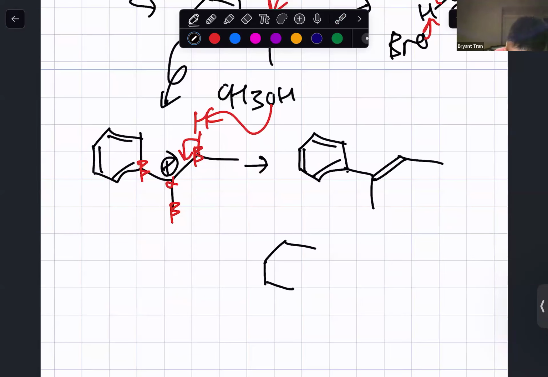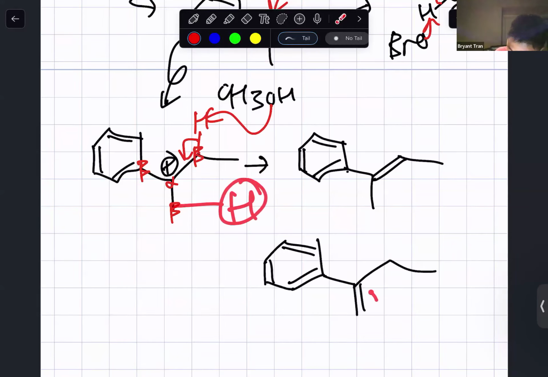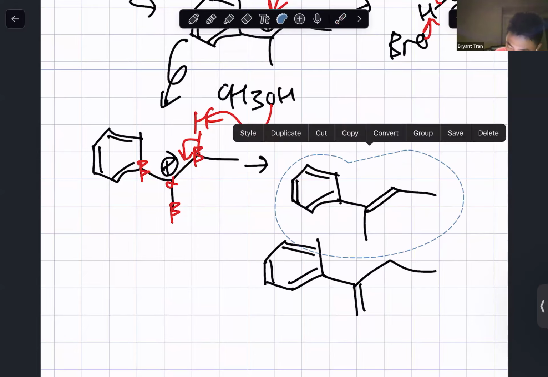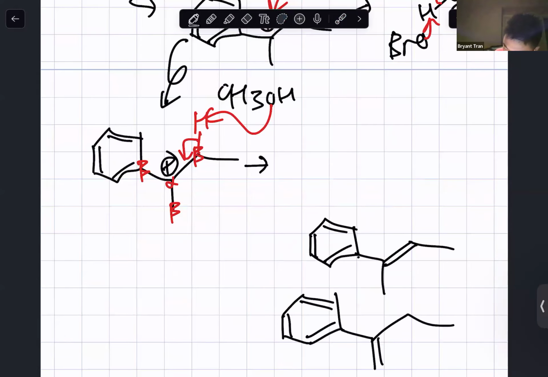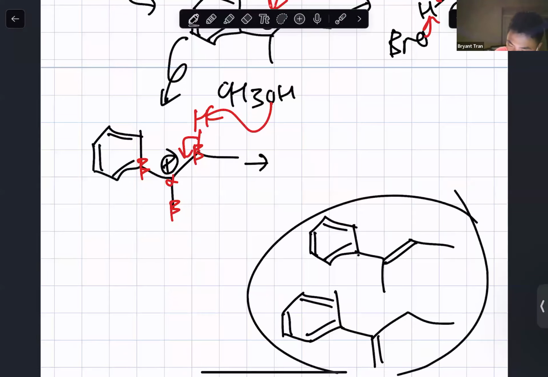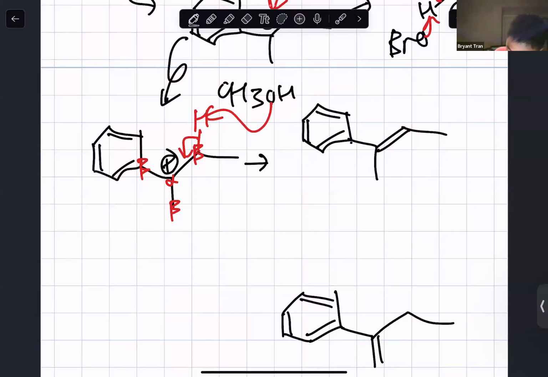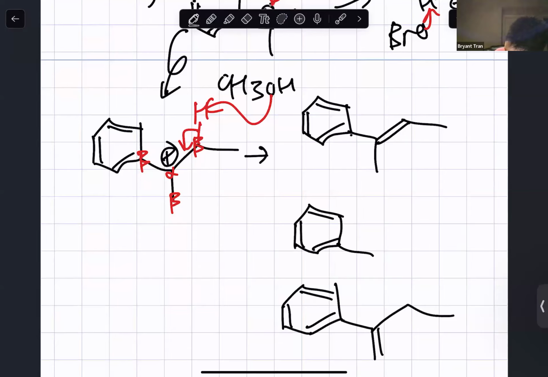Here are going to be the minor ones, right? If you grab this beta proton instead, you would form this double bond. Oh wait, yeah. We can actually rotate this. So this is actually not the major one, because if we rotate that bond, we could get a trans. Oh no, actually this is trans. Okay, this is the E alkene. So this is actually the major one. But another product that you could get is this right here, which is a Z alkene.